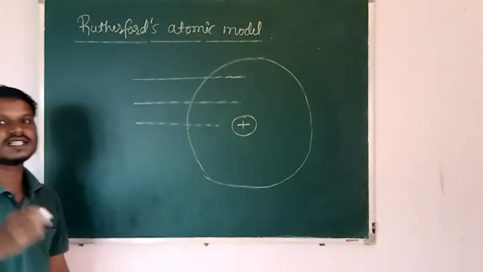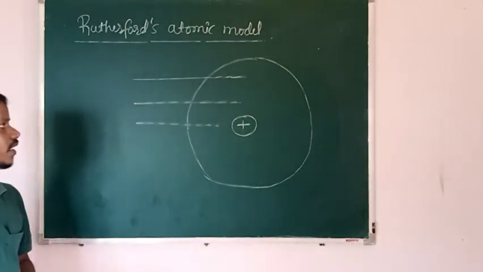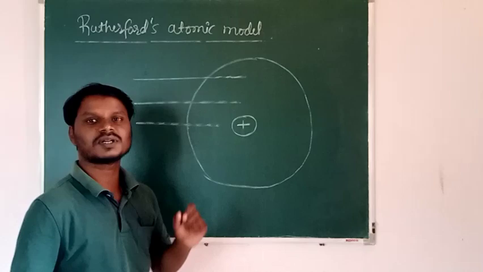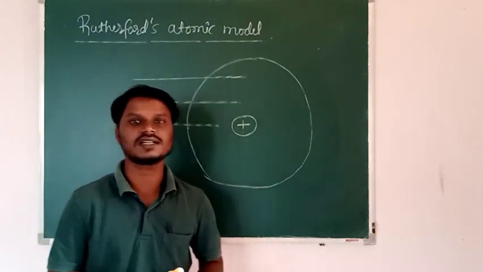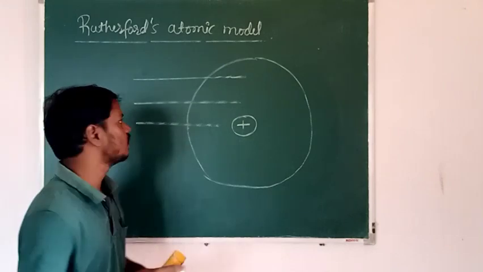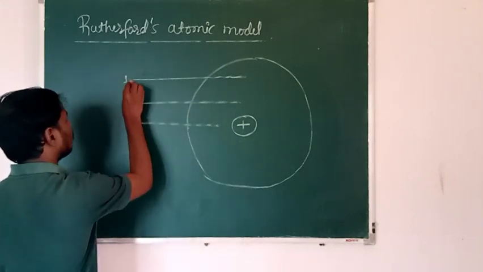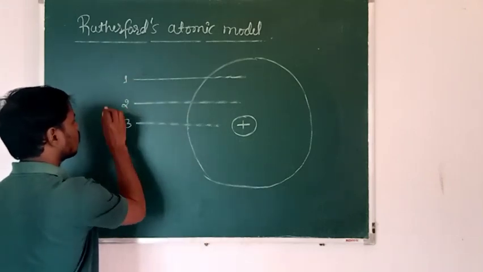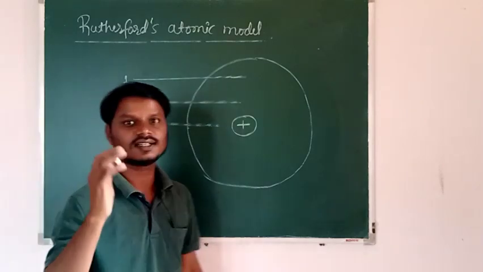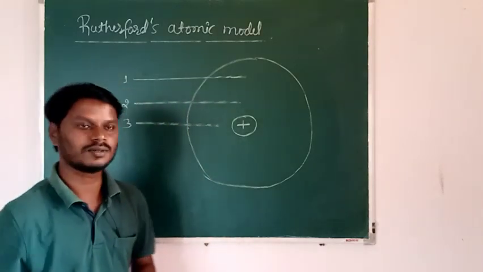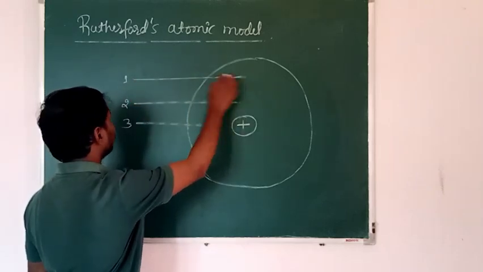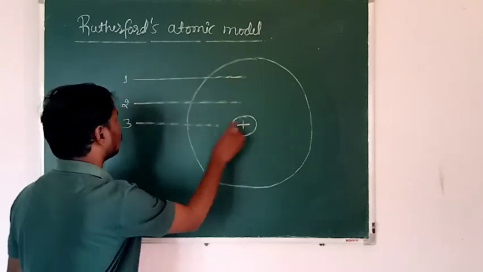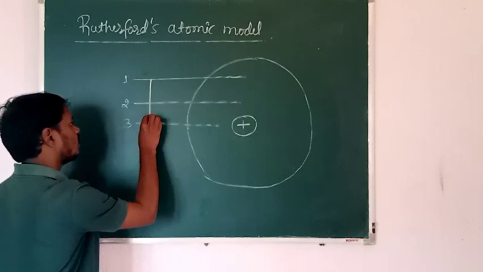The impact parameter is the perpendicular distance between the initial velocity vector of the alpha particle and the center of the nucleus. For the first alpha particle, I will take that perpendicular distance as b1.